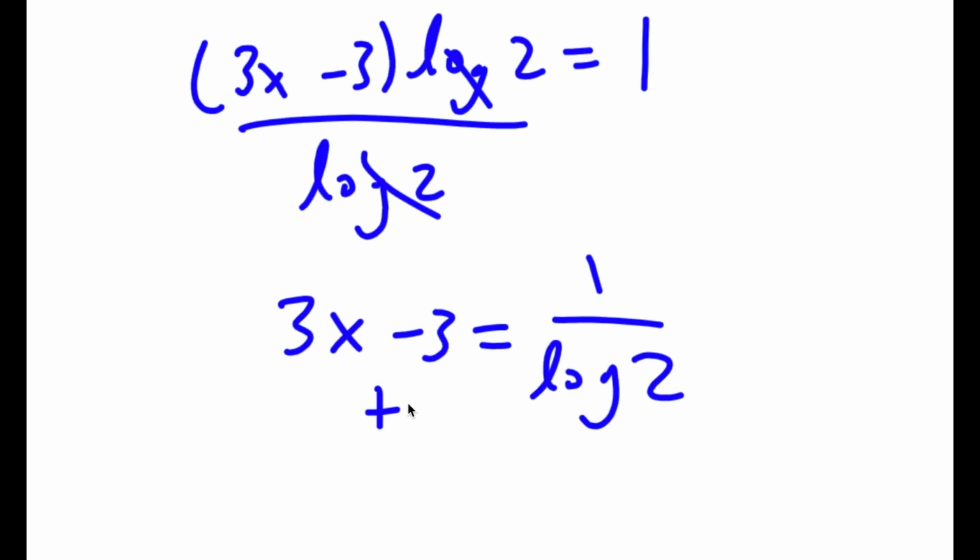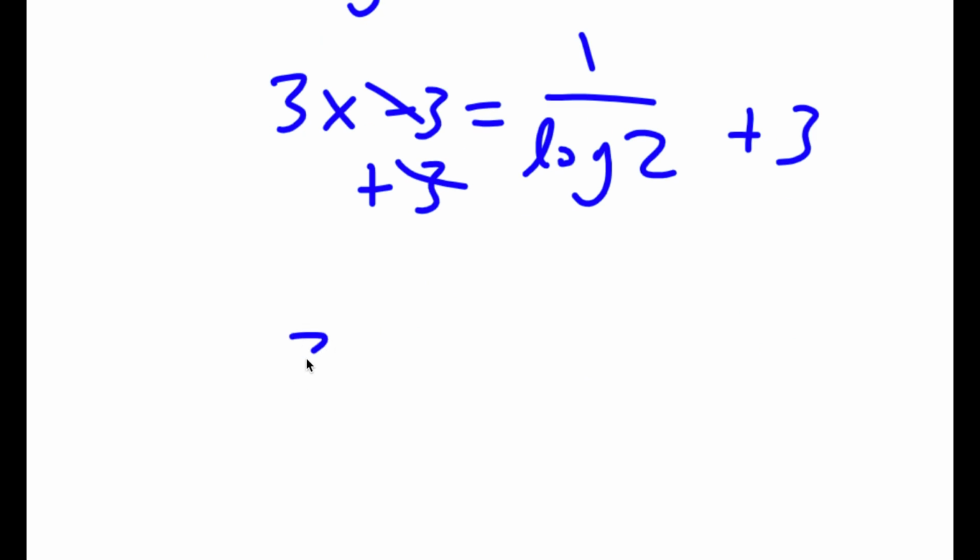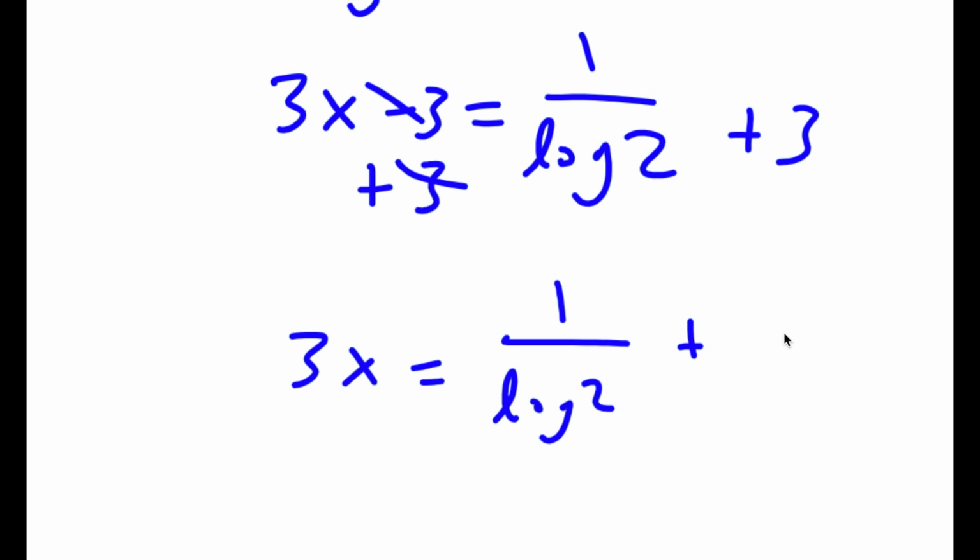Now if I add 3 to both sides, these two cancel out, so I get 3x is equal to 1 over log 2 plus 3.